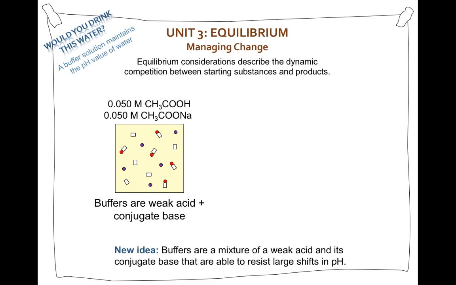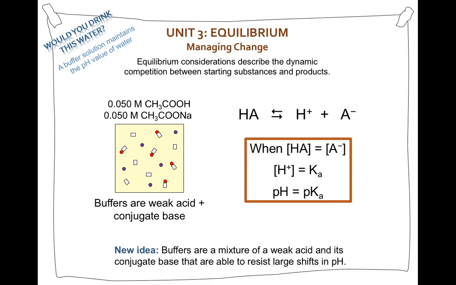So the key idea for lecture number 30 is that buffer solutions are made by mixing equal large amounts of a weak acid and its conjugate base. These are useful because they're able to resist large shifts in pH. Specifically, if you want to select a buffer in order to maintain a certain pH, you should choose the buffer whose pKa is equal to the pH that you want to maintain.